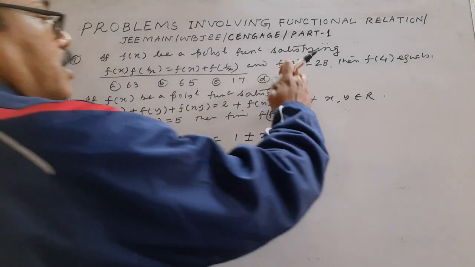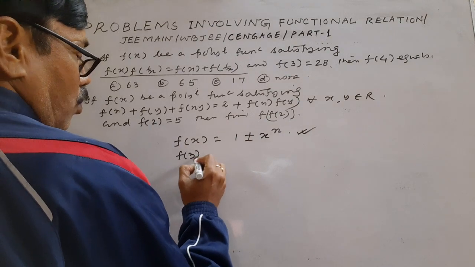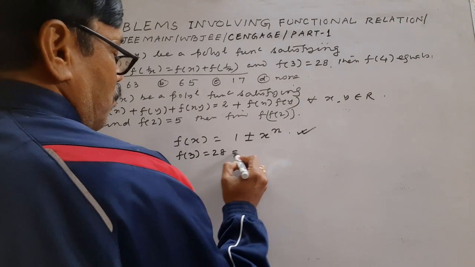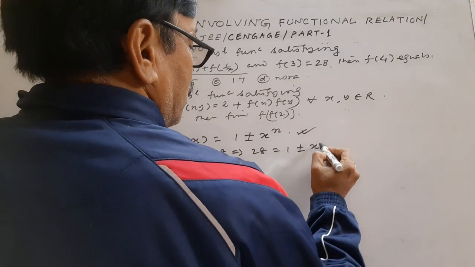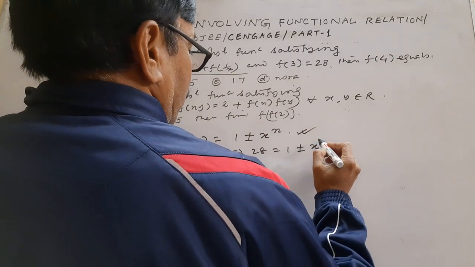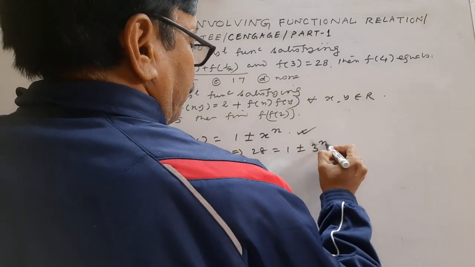One additional condition is given: f(3) equals 28 implies 28 equals 1 plus minus 3 to the power n.